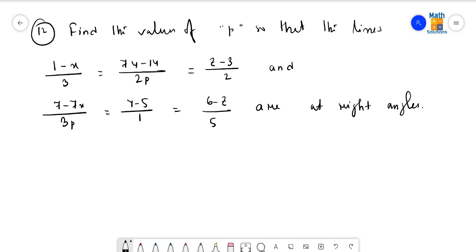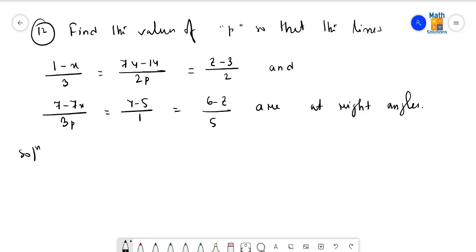So here in this case, what is the way that will give us the result that the lines are at 90 degrees to each other? We already got one concept that if the sum of the products of the direction ratios of two lines is equal to 0, then the lines are said to be perpendicular to each other. Here we already are getting the direction ratios, but these lines are to be arranged to the standard form.